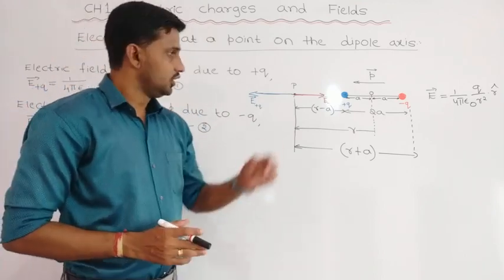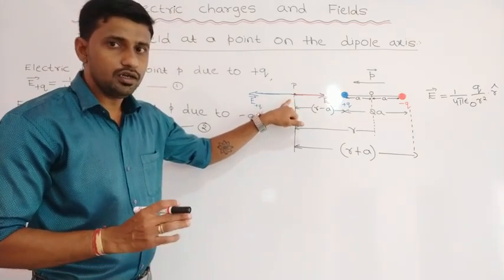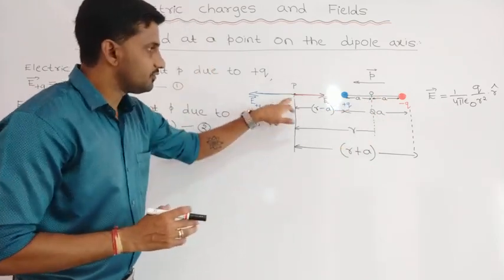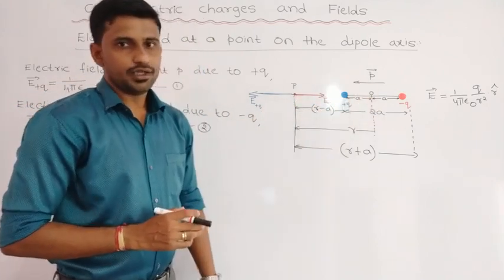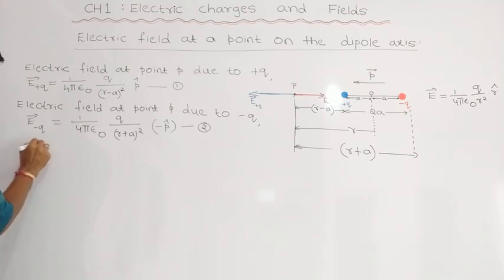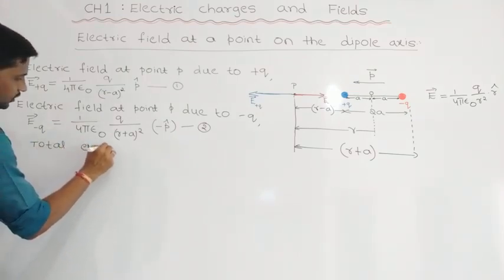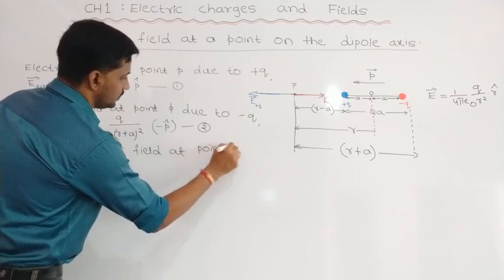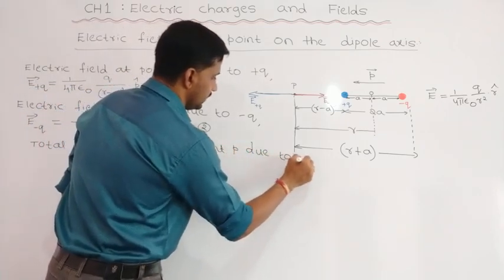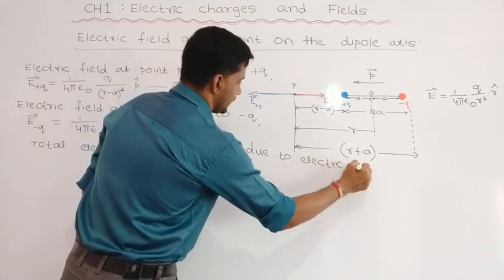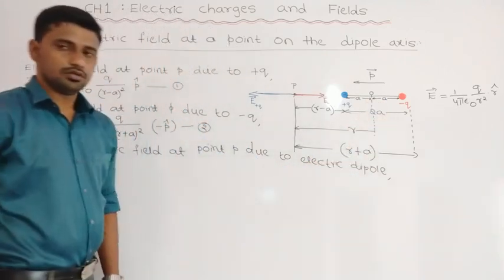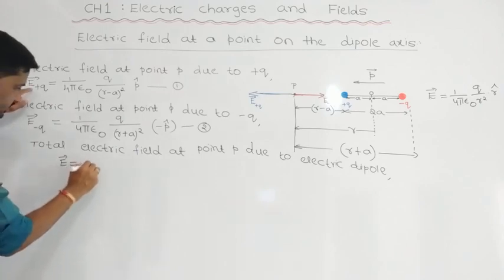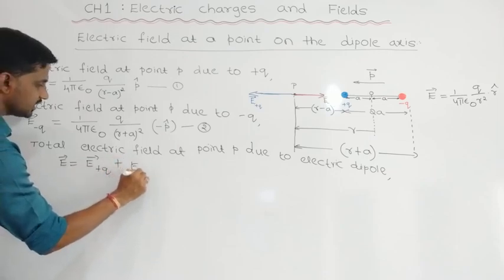Now I am going to find the total electric field at point P, the electric field due to the electric dipole, that is, the total or net electric field at point P due to both the positive and negative charge. Using the superposition principle, E vector is equal to E plus Q vector plus E minus Q vector.